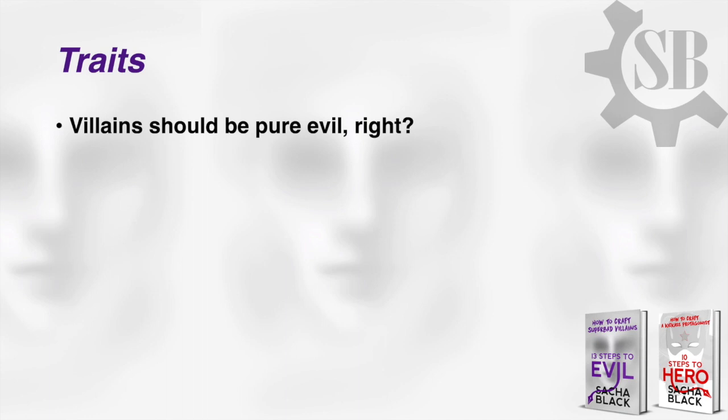Let me give you an example. Katniss Everdeen from the Hunger Games represents self-sacrifice. She sacrifices herself time and time again for the good of others. However, President Snow, the villain in the story, sacrifices others for the benefit of himself.